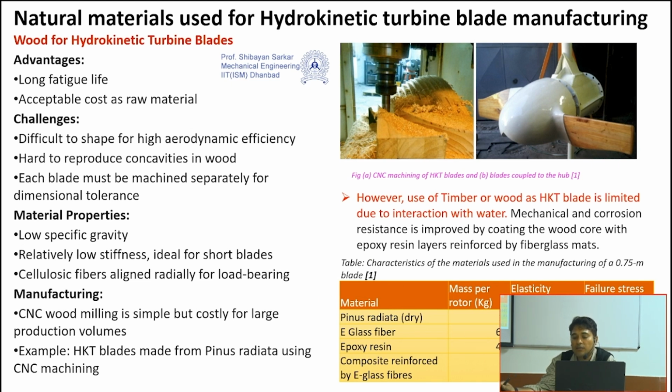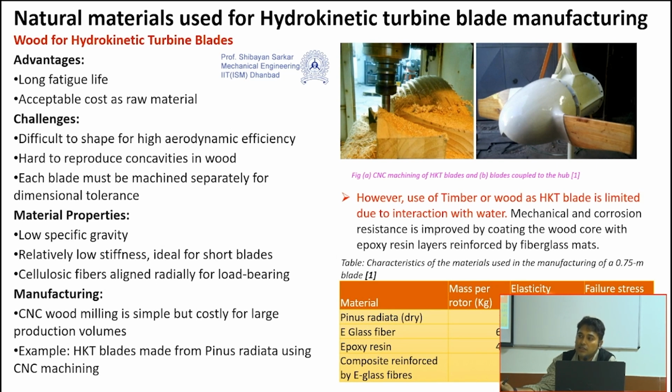And elastic modulus: if you see e-glass fiber, it has a 6.4 kg mass, where you will be getting this much gigapascal of elastic modulus, whereas with Pinus radiata you will be getting a lower elastic modulus.